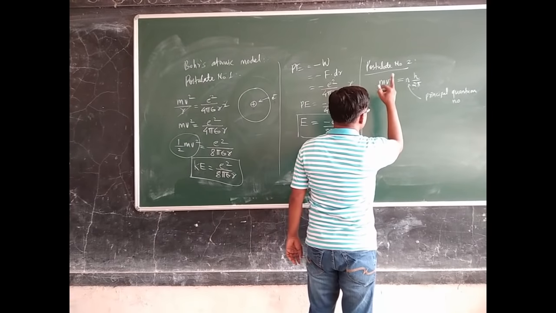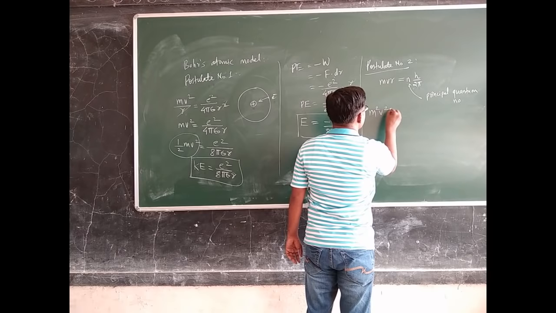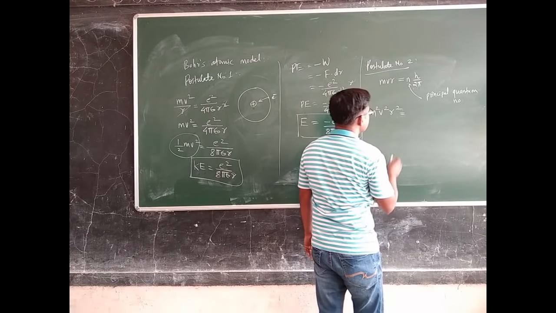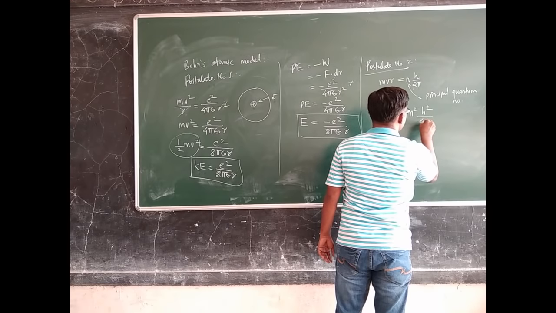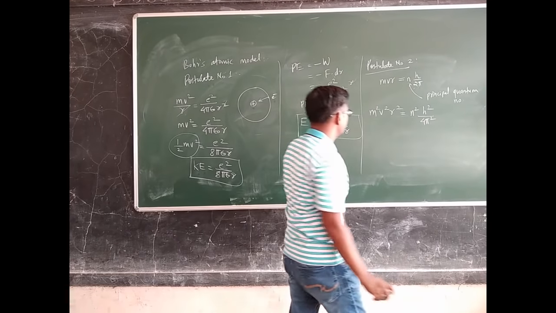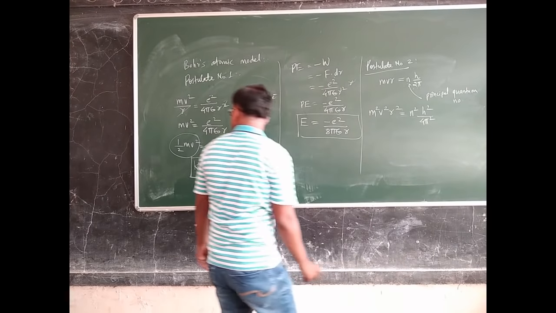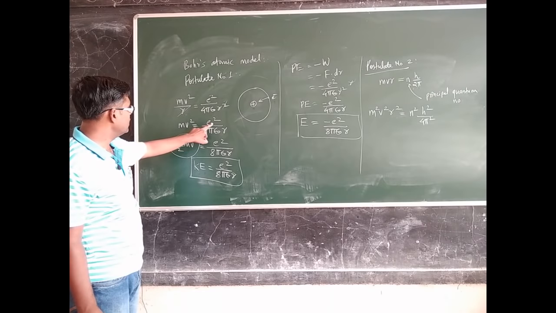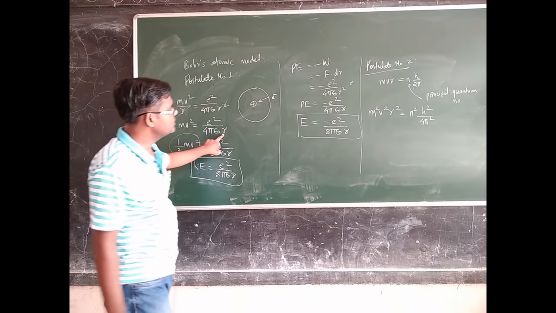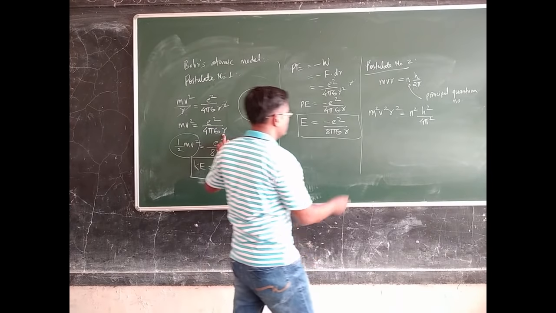let us square this particular equation. Therefore m square v square r square is equal to n square h square divided by 4 pi square. We have this equation from the first postulate, m into v square equal to e square divided by 4 pi epsilon 0 times r. So let us put in the value.